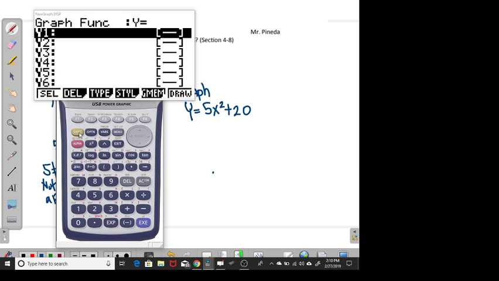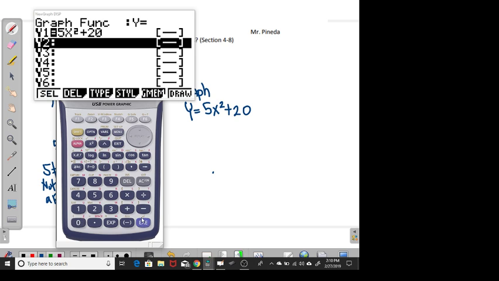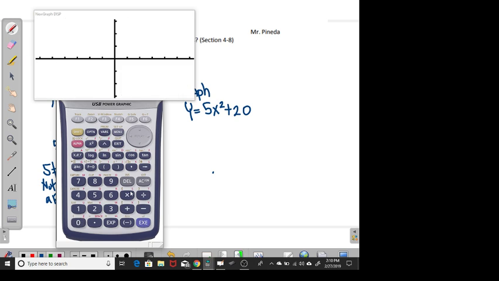I'm going to delete that and I'm going to enter the new one. Please do it also because I want you to have the experience of that, right? I'm going to enter that equation exactly as it appears there: 5x squared plus 20. And I'm going to ask to draw.